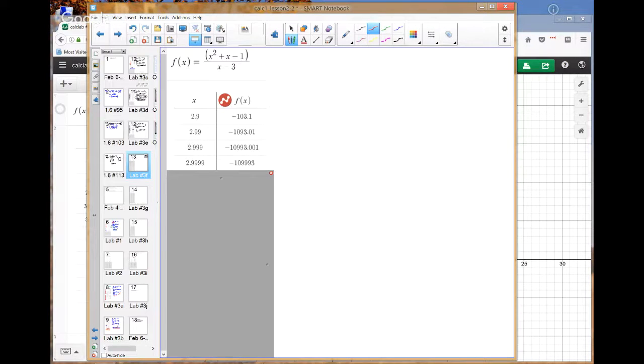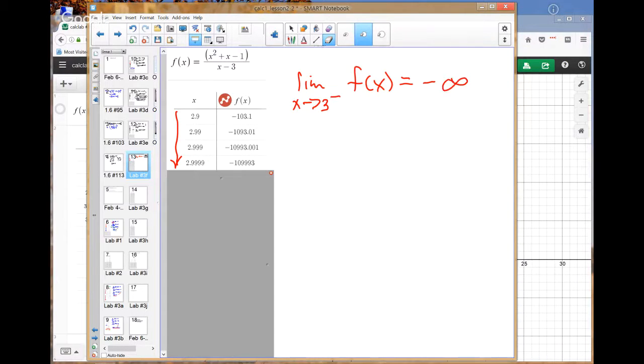I'm not sure why I did it that way, but this is the limit as x approaches 3 from the right, and you notice... I'm sorry, that's approaching from the left, right? 2.9, it's coming from the left. My apologies. So this should be a negative, and it's getting huge negatively.